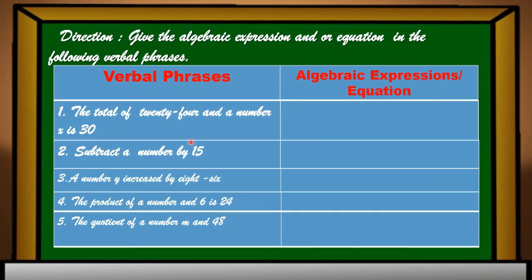Direction. Give the expression and or equation in the following verbal phrases into letters or symbols or vice versa. You have here verbal phrases and you're going to write expressions or equations. I will give you 3 minutes to answer.